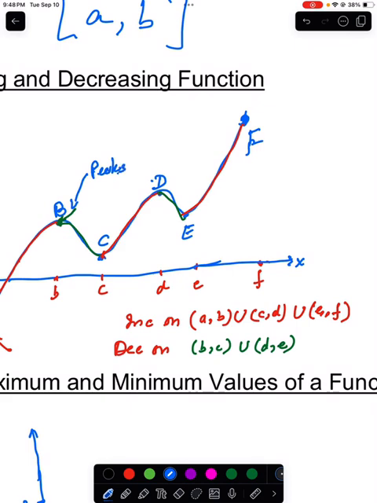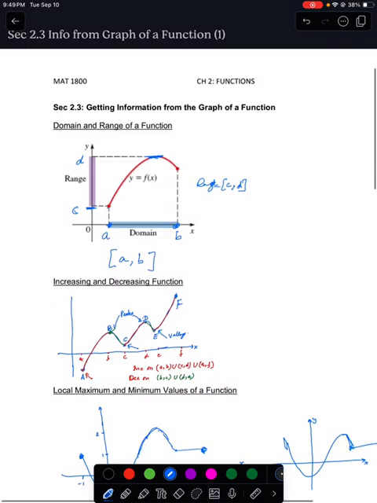And this type of points, these are called valleys. So the peaks are something that we call local max values, and then valleys are something we call local minimum values. So local maximum and local minimum.